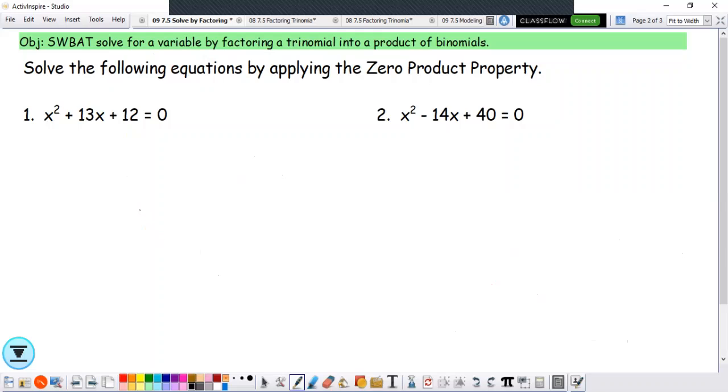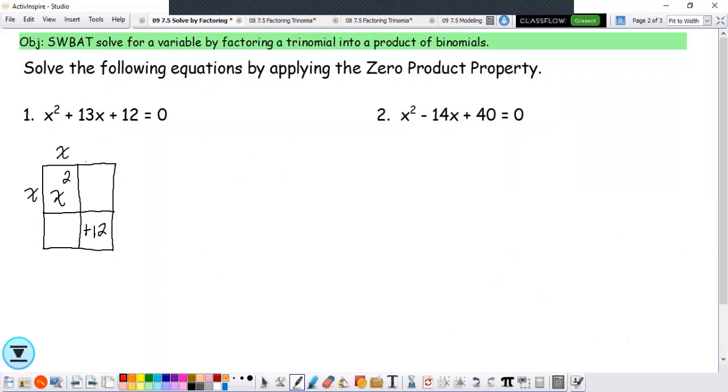Now we have x squared plus 13x plus 12. So let's factor first. We have x squared, we have plus 12, and x times x will give us x squared.